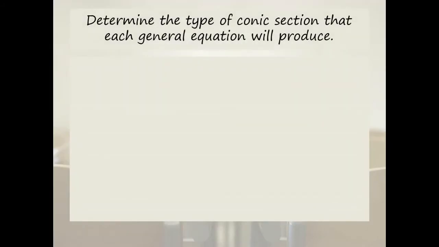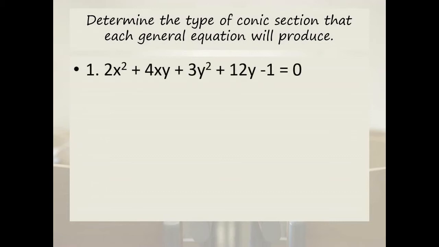Let's determine the type of conic section that each general equation will produce. Number 1. 2x squared plus 4xy plus 3y squared plus 12y minus 1 is equal to 0. Number 2. x squared plus 4xy minus 4x plus y squared minus 12y is equal to 0.